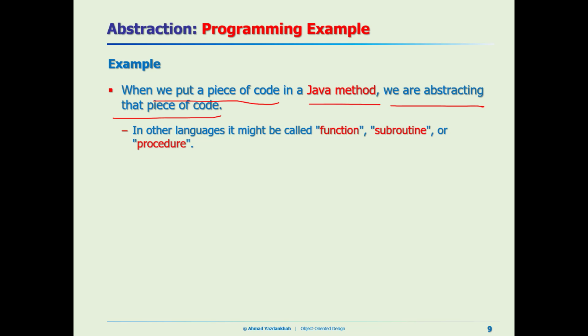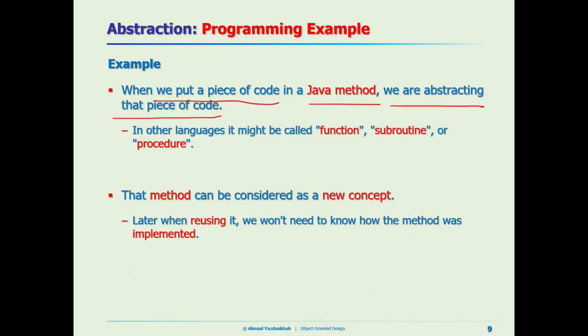So that method name from now on will be a new concept that does something for us. So this method, as I said, is a new concept. And it helps us to reuse this method. We will get back to this reusability later.